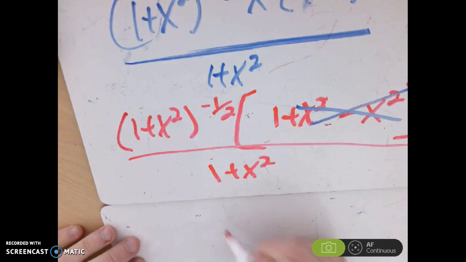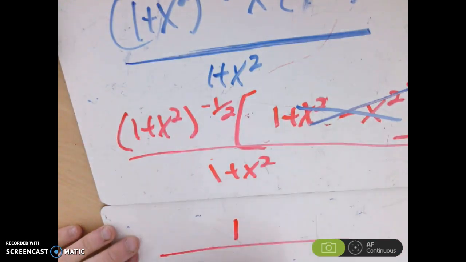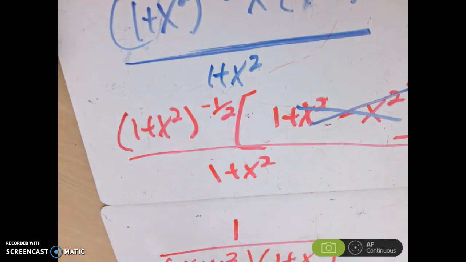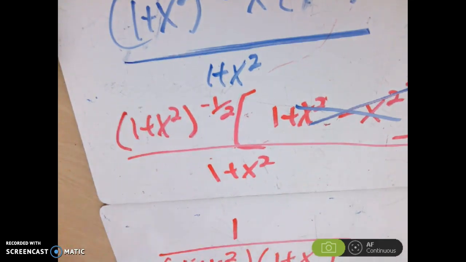So I'm left with 1 on top, because I canceled everything else out, over this 1 plus x squared to the first times 1 plus x squared to the 1/2 now. And these are the same thing, right? So I can add up my exponents.